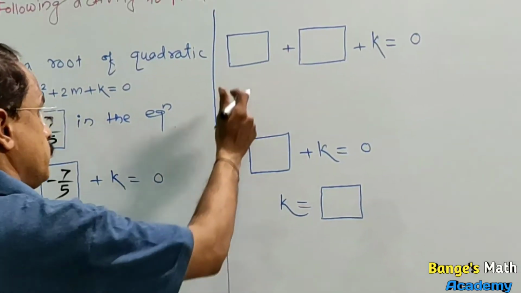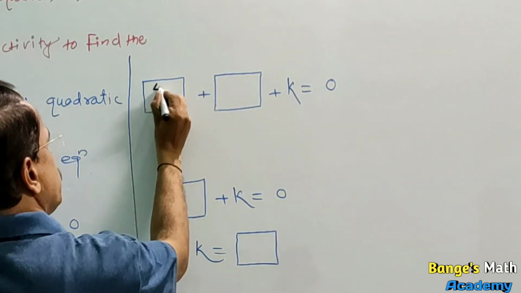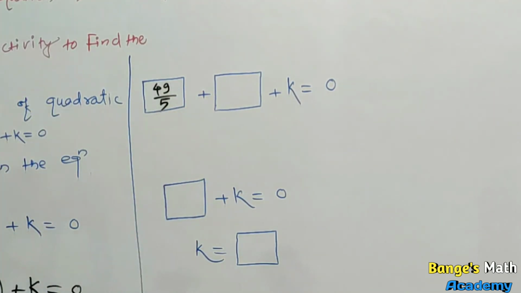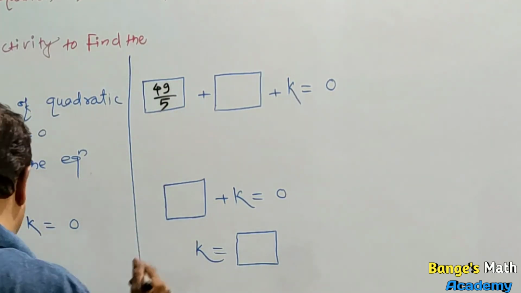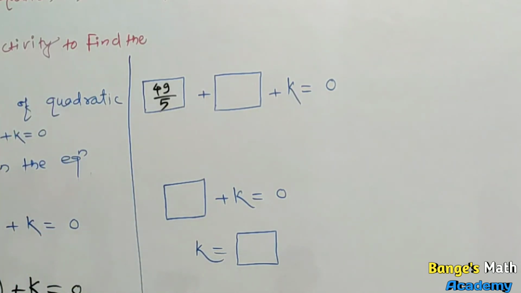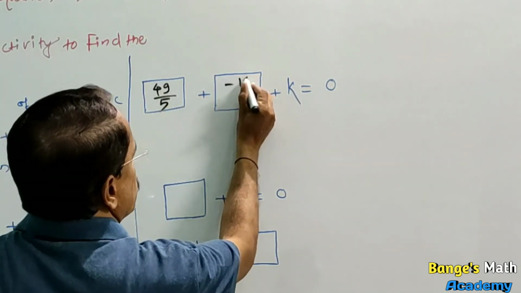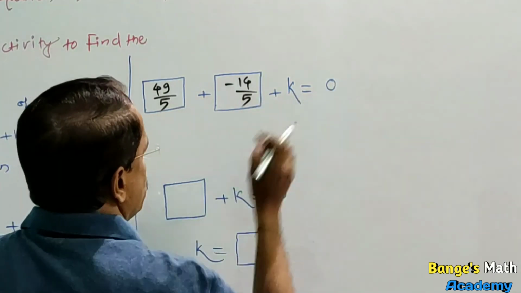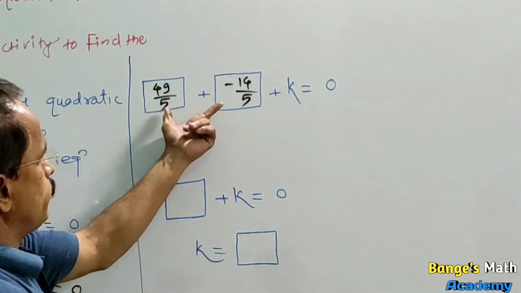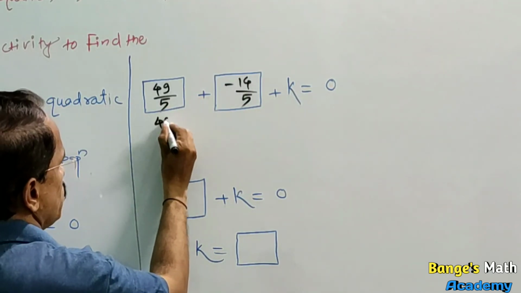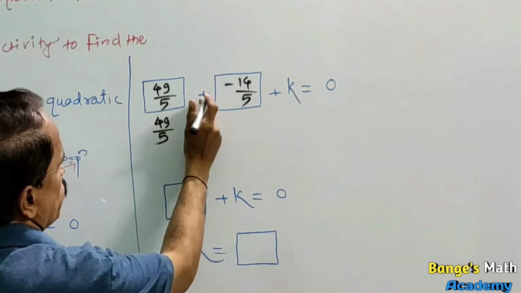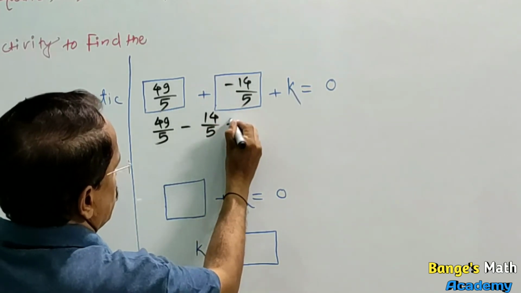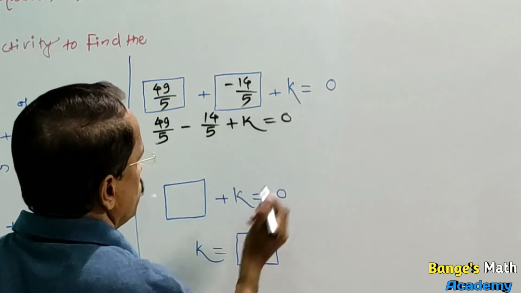Then in this box write down 49 upon 5 plus 2 into minus 7 upon 5. 2 into minus 7, minus 14 upon 5, plus k is equal to 0. Simplify this. 49 upon 5 minus 14 upon 5 plus k is equal to 0.